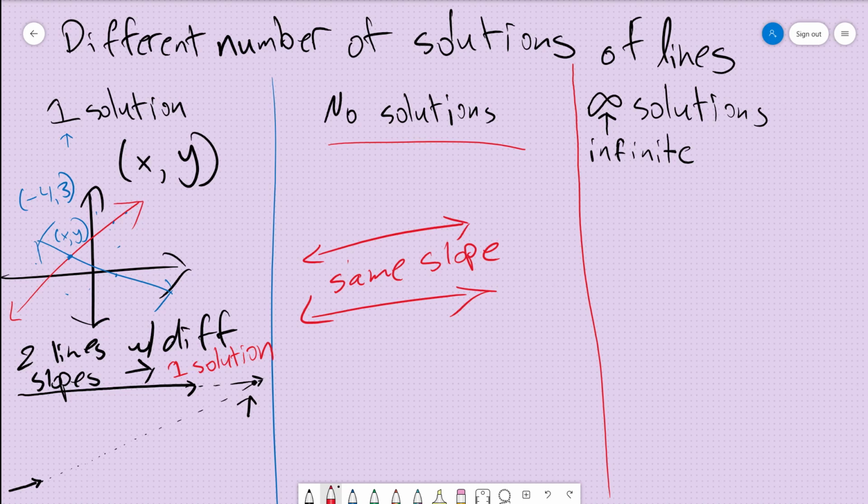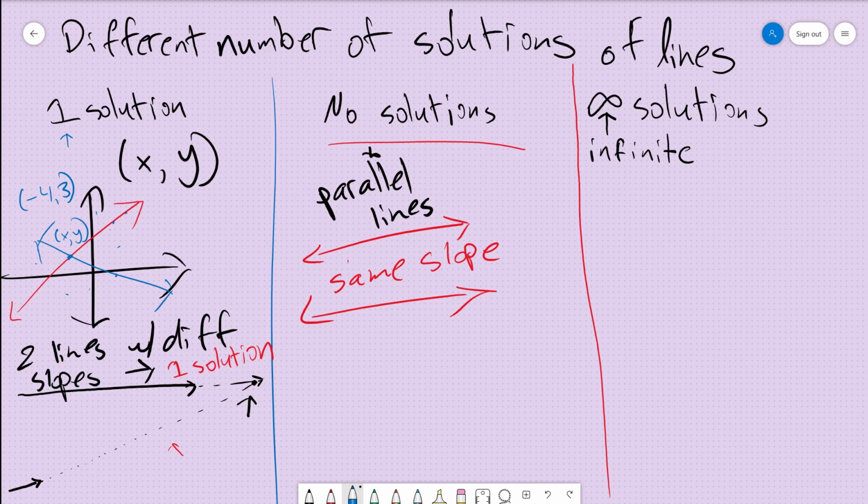They're never going to touch. They have to have the same slope though, or else, like before, if they have just slightly different slopes, eventually they will touch. You've also heard these called parallel lines. When you look at the double L in parallel, those are parallel lines. They have the same slope.